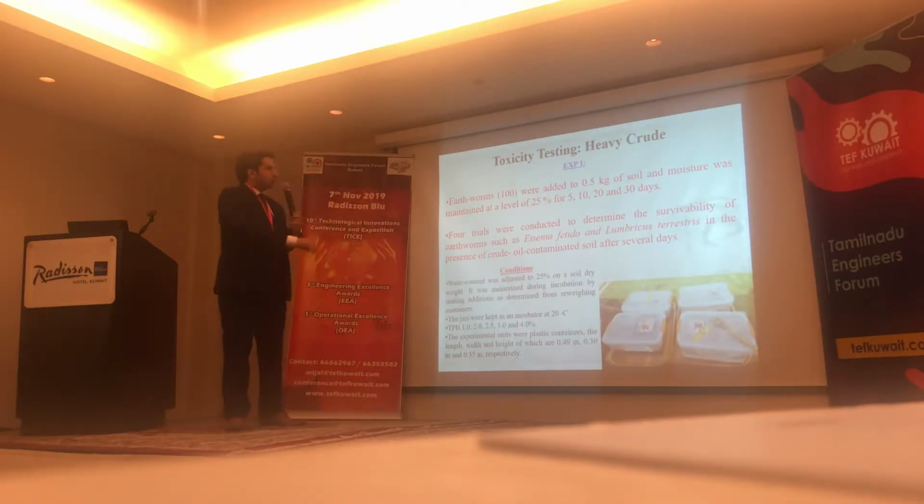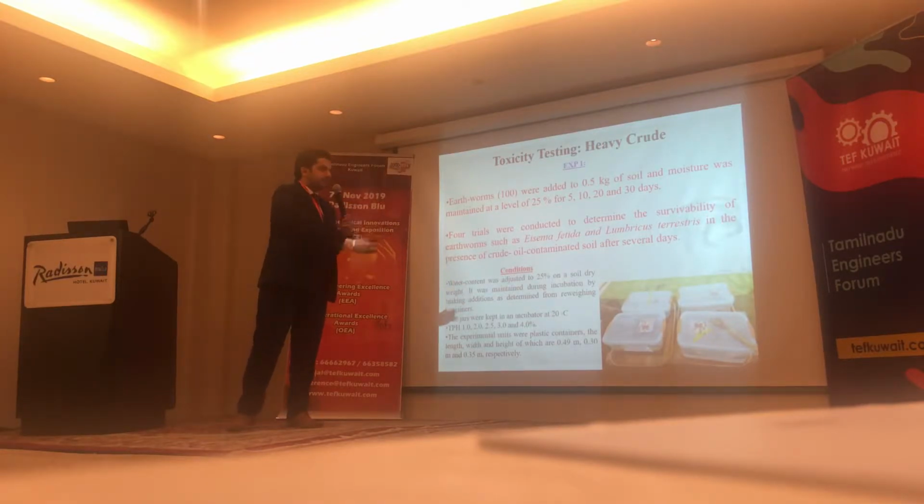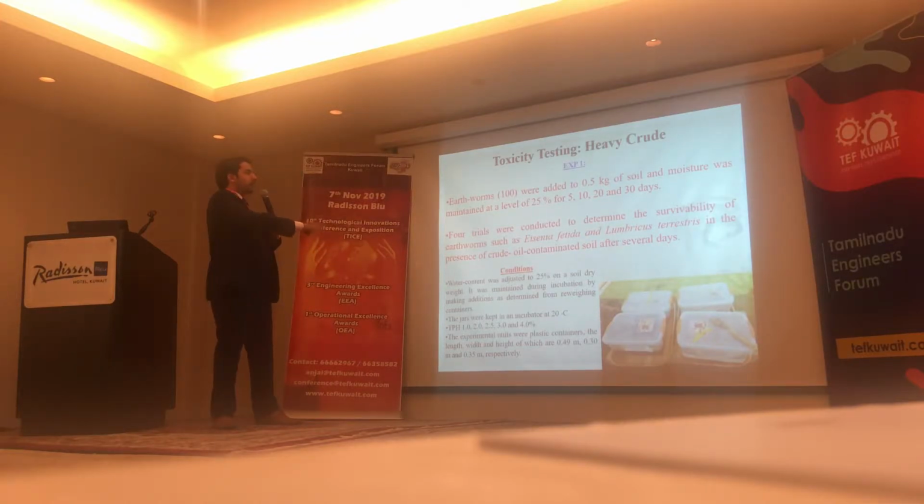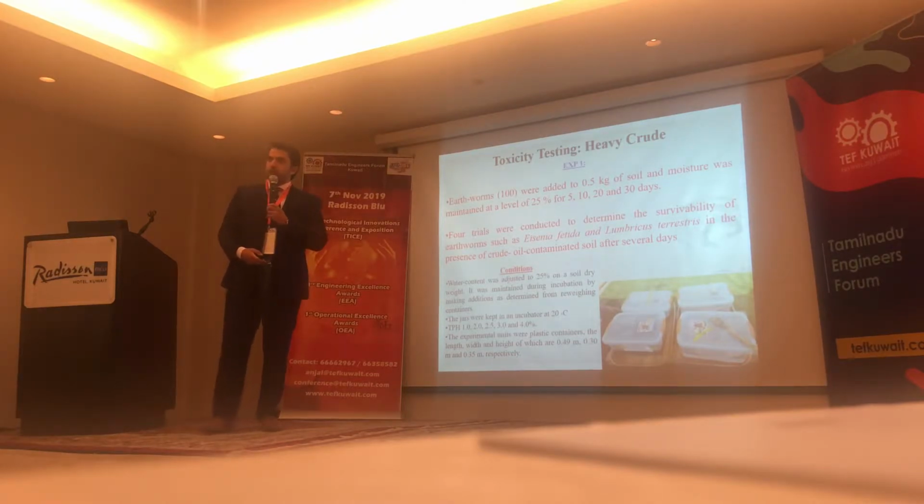Actually, I used two different types of earthworms, one we call Fetida and the other Tetrastis. These two earthworms we tested with different concentrations of oil-contaminated sand, starting with 1, 2, 3, and 4% contamination.